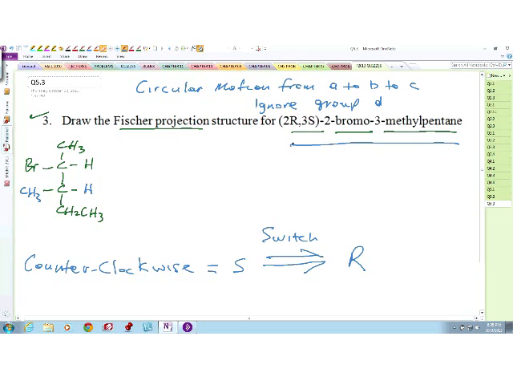Okay? So, yes. If you have drawn it as 5 straight carbons, with the H and the Br on the top, and the H and the CH3 on the bottom, you have to make sure that the chirality carbons are in your Fischer projection, and you assume that any horizontal group is coming at you, that's fine with me.